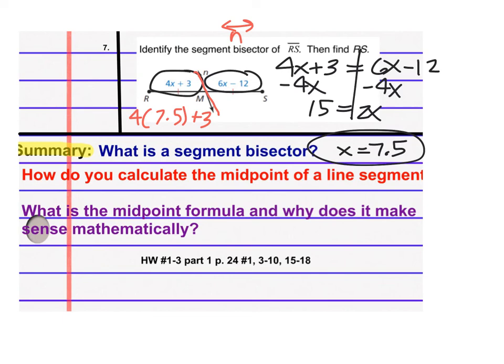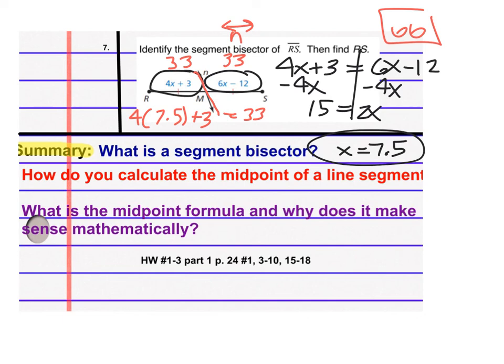So you're doing 4 times 7.5. And you can use a calculator if you want. 4 times 7.5 is 30. Plus 3 is 33. Then since we're finding the whole thing, each part is 33. So RS is going to be 66.